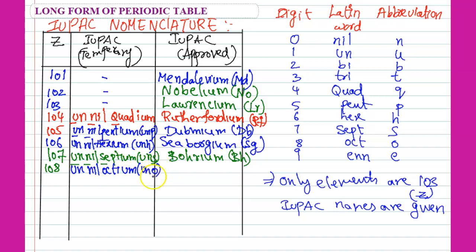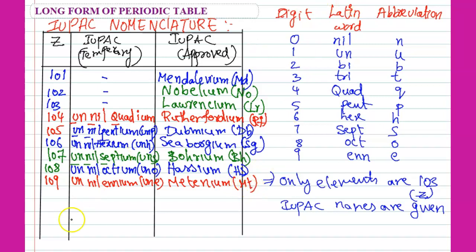So Uno, Hassium, Hs. Next, 109 means un, nil, enn, ium. Une. So Meitnerium, symbol Mt.